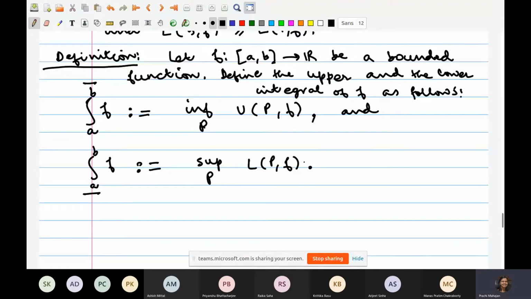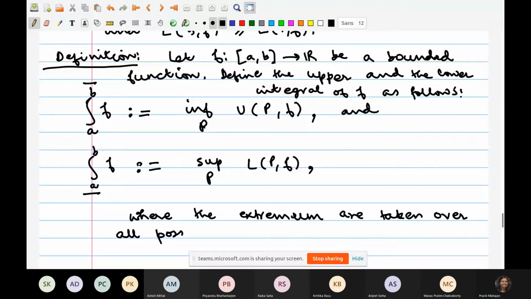Let me just clarify what this notation means, where the supremum and the infimum are taken over all possible partitions P of the interval AB.